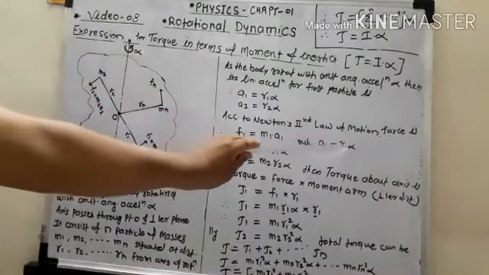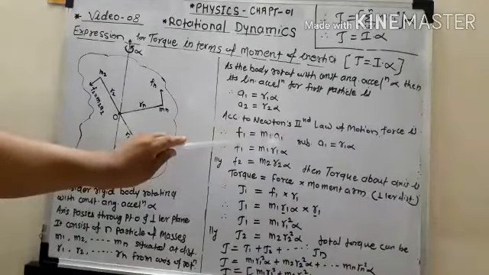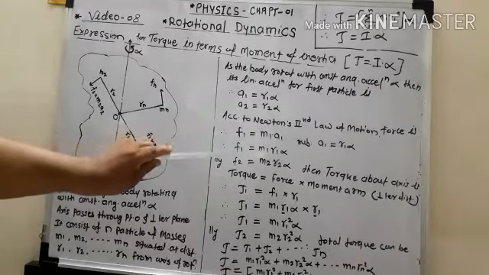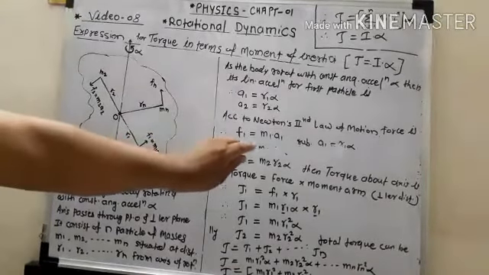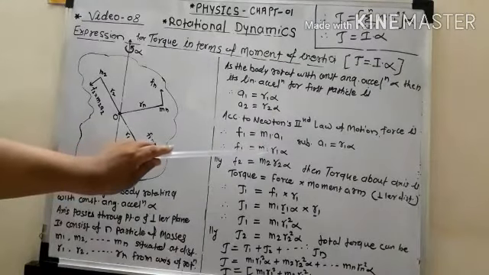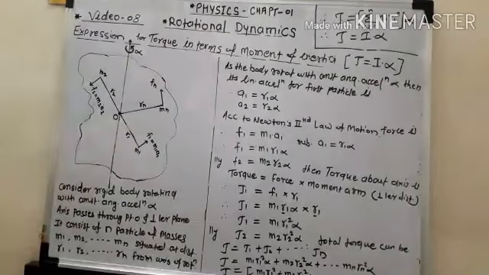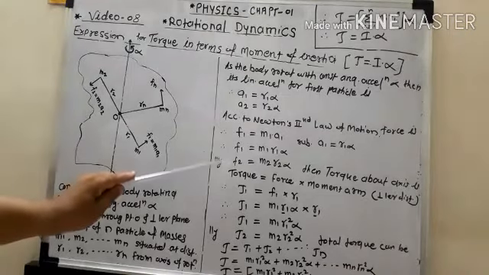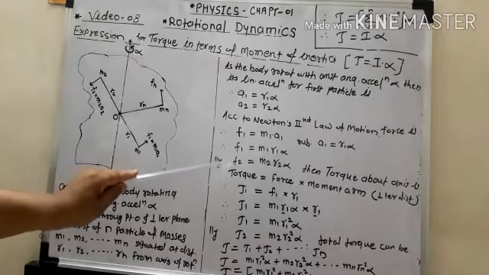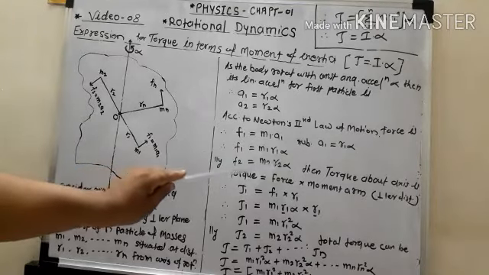Substituting a1 is equal to r1 alpha in this equation, we can write F1 is equal to m1, and instead of a1 we write r1 alpha. Therefore, F1 is equal to m1 r1 alpha. Similarly, for the second particle, the force acting on that rigid body is given by F2 is equal to m2 r2 alpha.